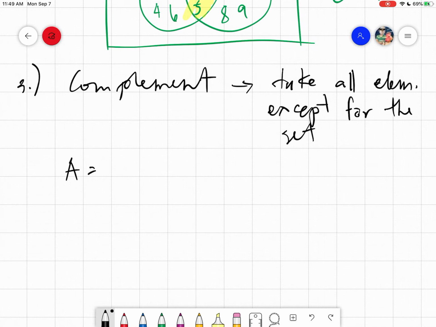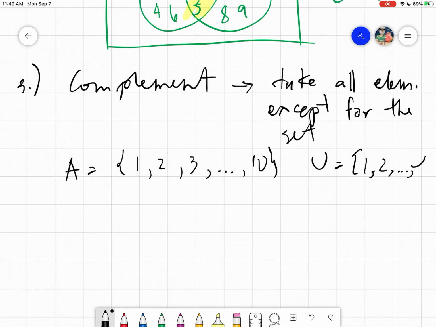So for example, ito nga lang, the complement talks about the universal set. Say I have A is equals to 1, 2, 3 up until 10. Okay? And our universal set is just simply what? Elements 1, 2, up until infinity. Walang hanggan. Okay? So if I will say this one, ito po yung symbol sa complement.